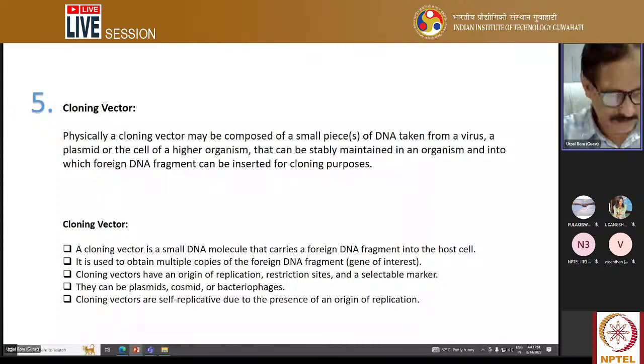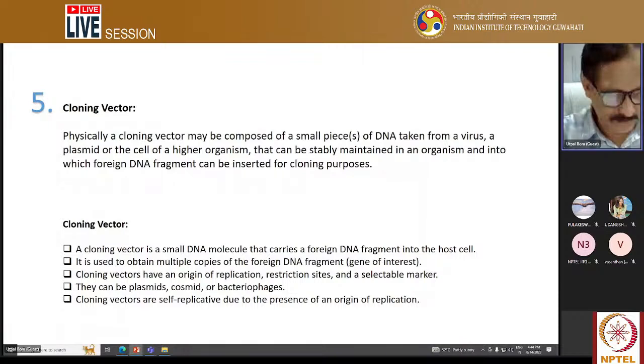If you look into a cloning vector, physically it is composed of a single piece of DNA from a single organism, or from multiple organisms, which may be taken from a virus or some bacteria or the cell of a higher organism. Basically its characteristic is that it can be stably maintained in an organism and into which a foreign DNA fragment can be inserted for multiplication purpose or cloning purpose.